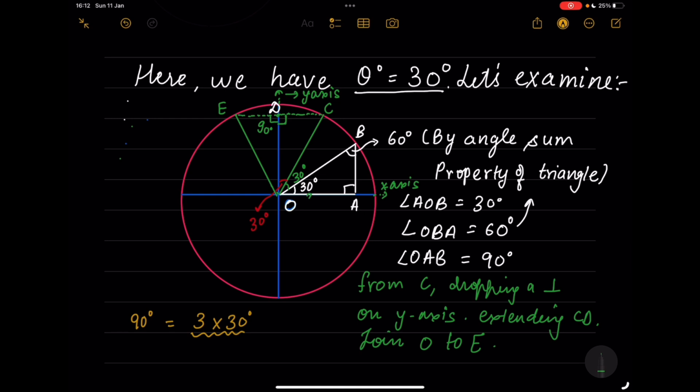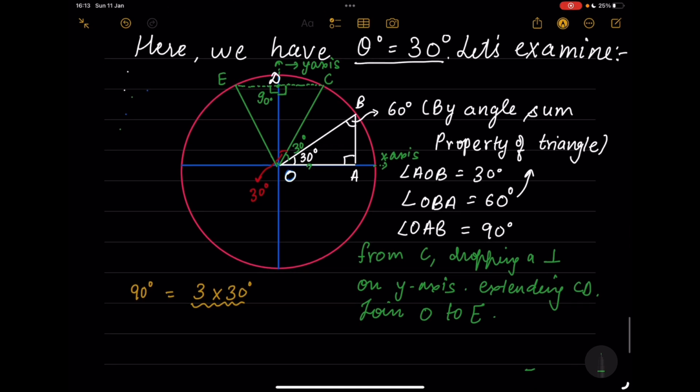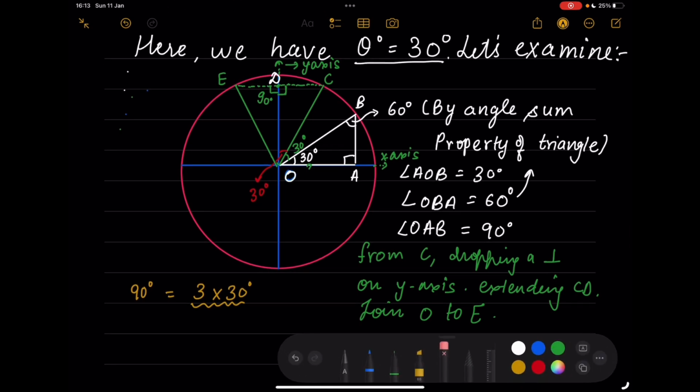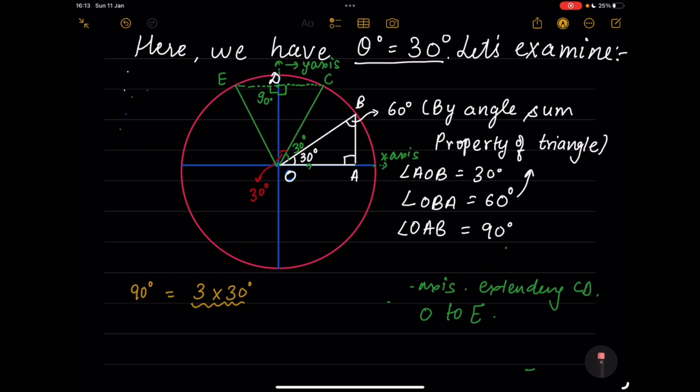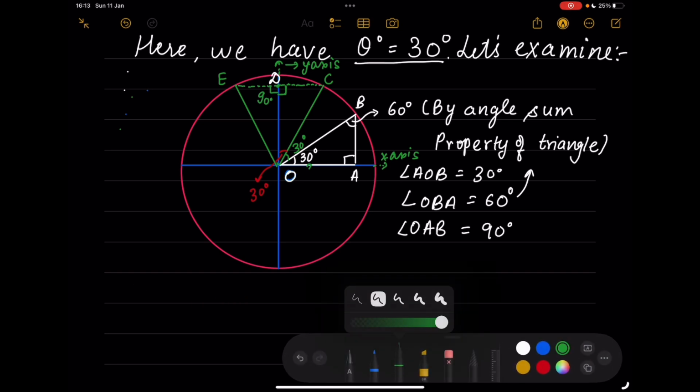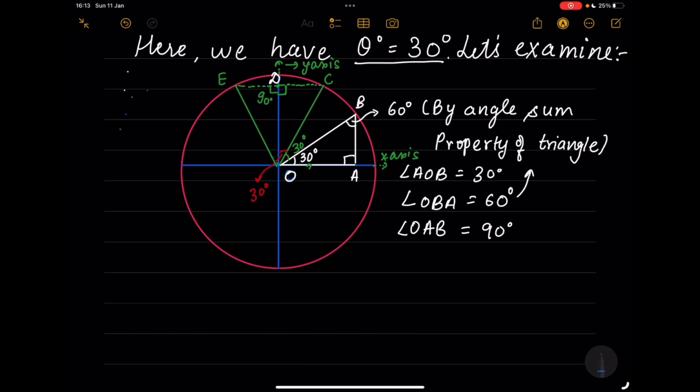Now what we'll try to firstly prove is that, let me just make some space here now. So this construction, I hope it's clear to you, and you can pause the video if you want to go through the construction again, what we have done till now. We will prove that triangle OED is congruent to triangle OCD.